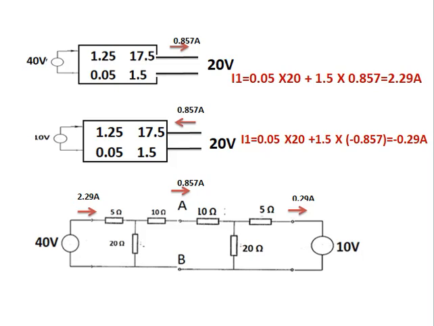On the 10 volt side, 0.857 ampere is going into the circuit from output terminal. Output terminal voltage is 20 volt. So I1 is equal to 0.05 into 20 plus 1.5 into minus 0.857, equal to minus 0.29 ampere. So current from 10 volt source is equal to minus 0.29 ampere.